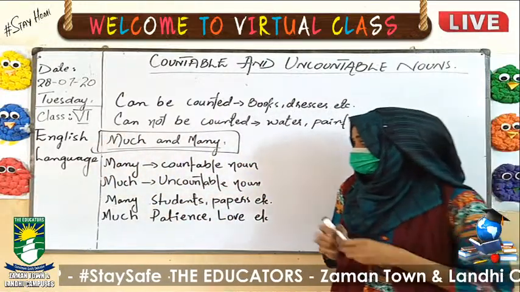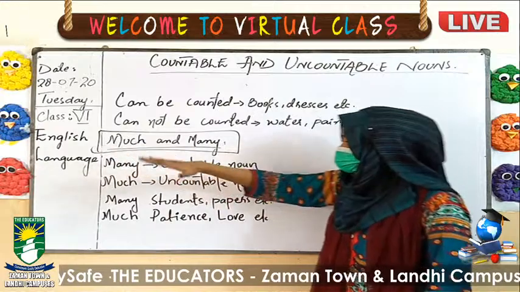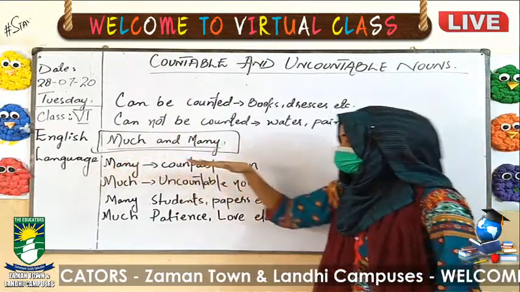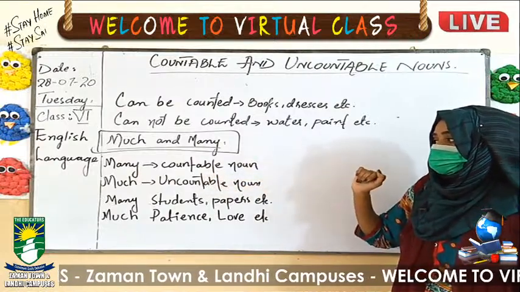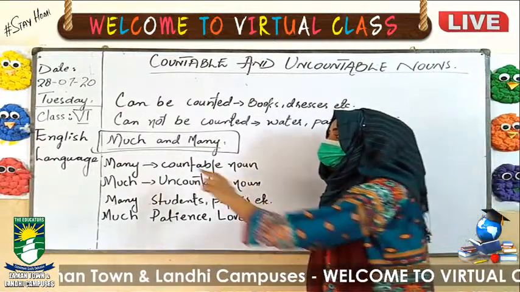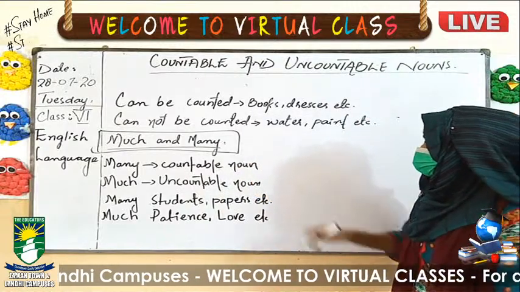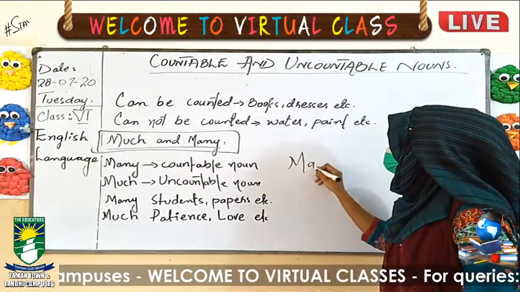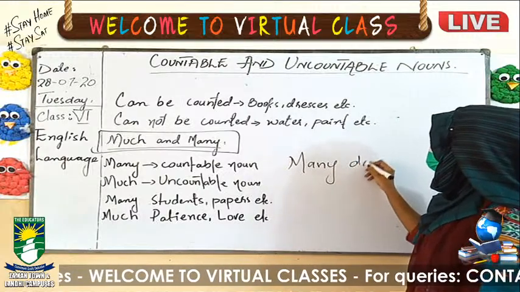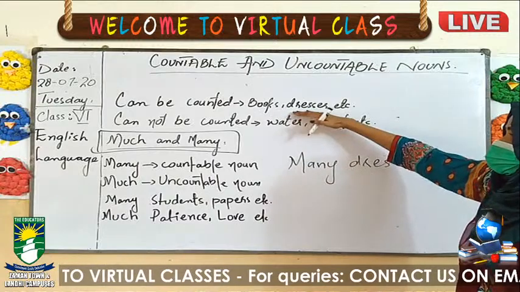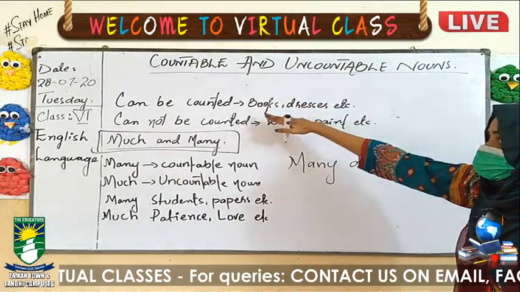Now, here, many: countable noun. Here I have written many, countable noun. What does it mean? It means we can use many with countable nouns. For example, I can say many dresses. As I have written in the example of countable noun, dresses.